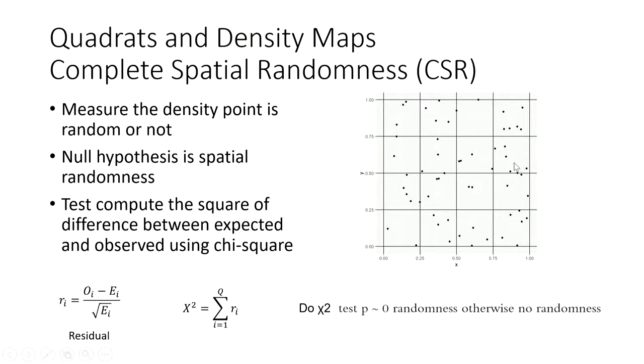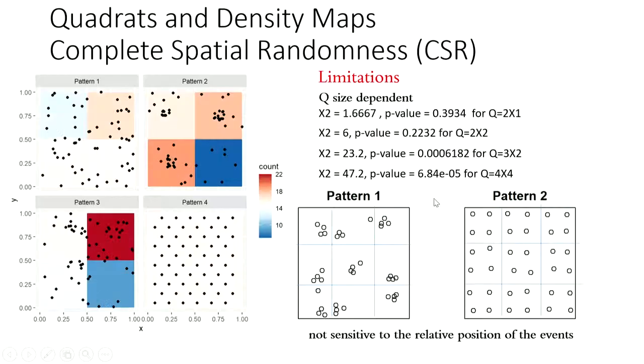Then the number of events per box is supposed to be 4 if it is completely random. So the number of points in each box is supposed to be 4, and if there is any deviation from that, we can say the process is not random, and it can be computed that way.